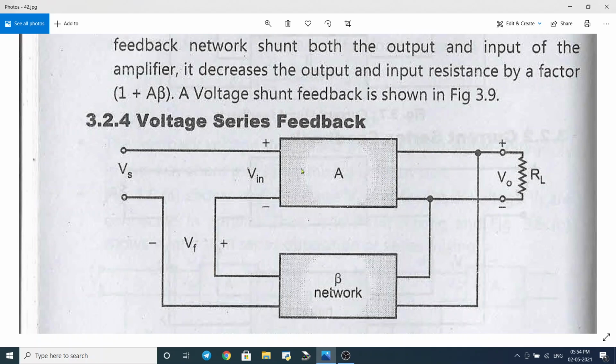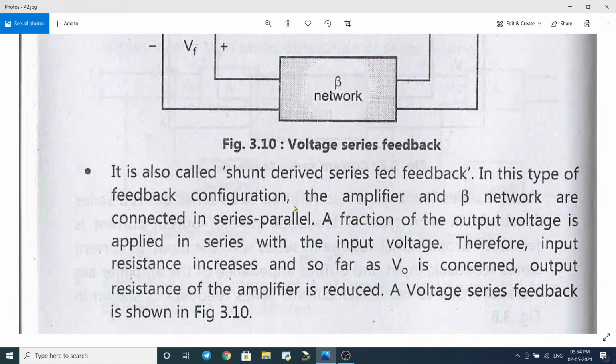However, it will increase the input impedance. Let us see. The input resistance increases because they appear in series, and the output resistance is reduced, that means decreases, because they are in parallel.